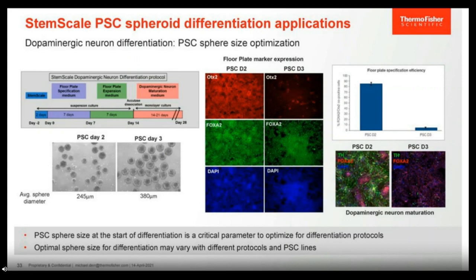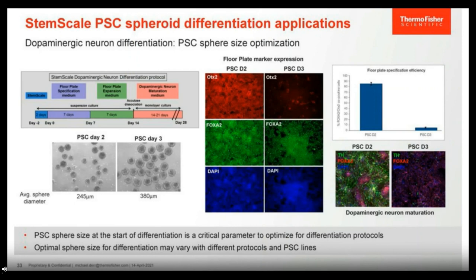And in this example, we compared spheroids that were in StemScale for 2 days or 3 days, and put both of those into differentiation. And the difference between these is just that the spheroids are larger in the PSC day 3 StemScale condition. So there's a larger sphere size at the start of differentiation for the PSC day 3.